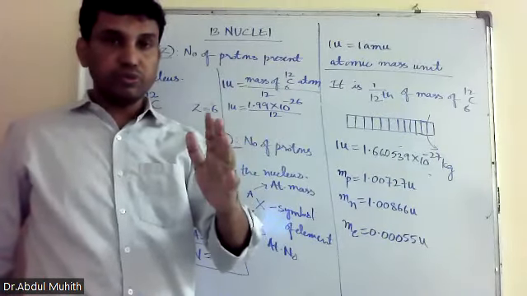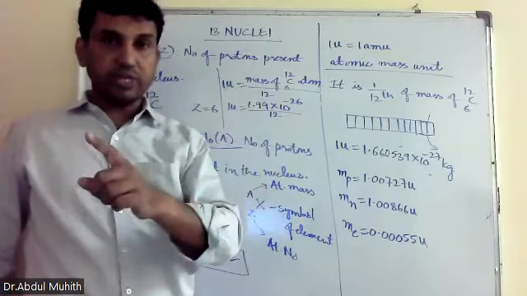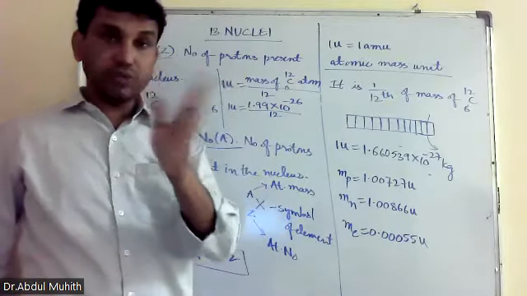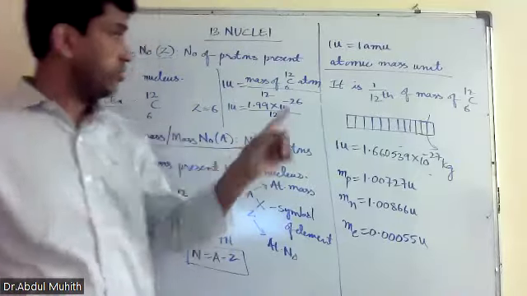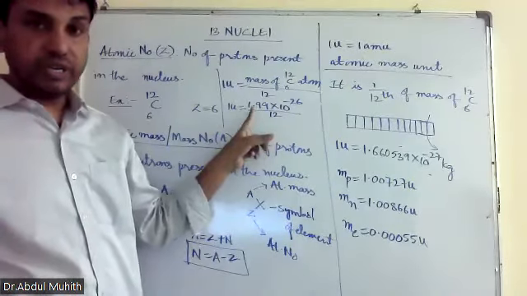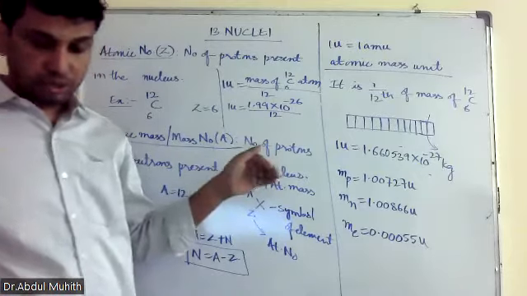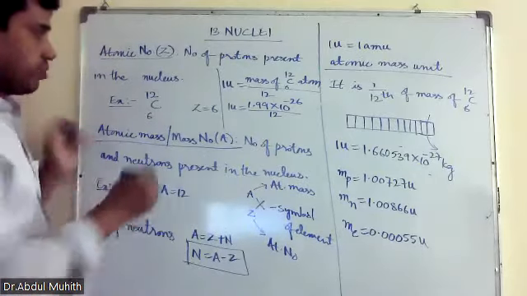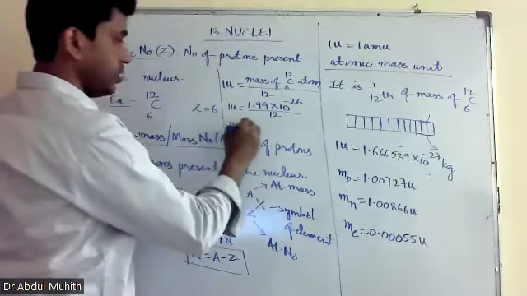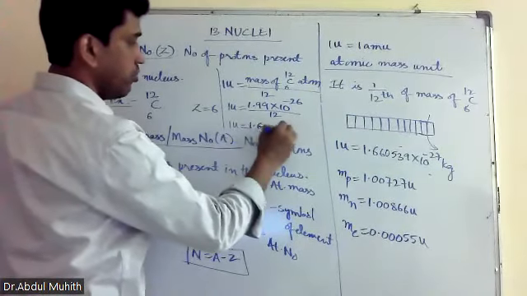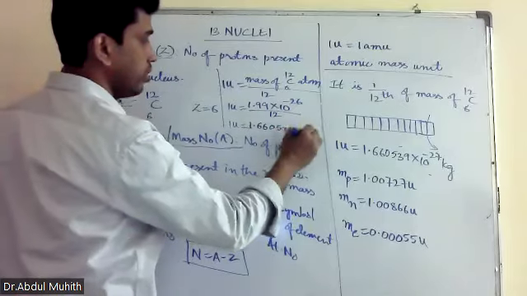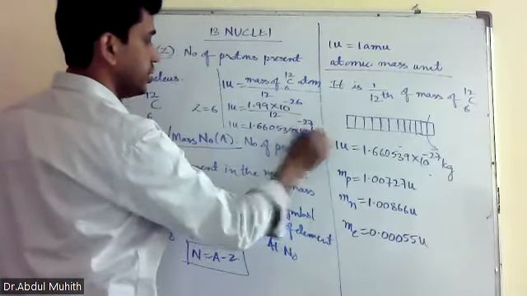If 12 grams gives so and so many atoms, then one atom gives how much? You cross multiply, then you get 1.99 into 10 to the power of minus 26. Then divide by 12, and one atomic mass unit is 1.660 into 10 to the power of minus 27 kg. Is that clear?